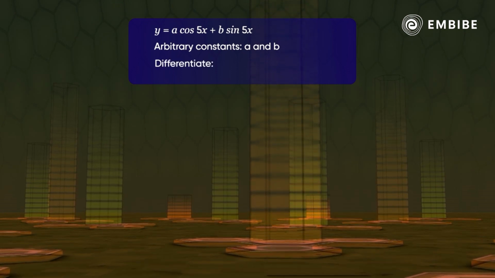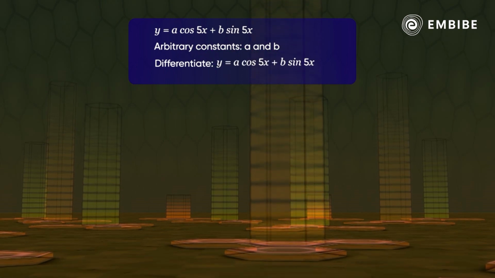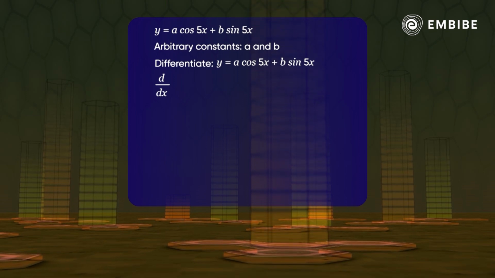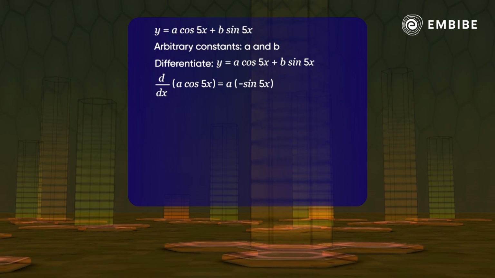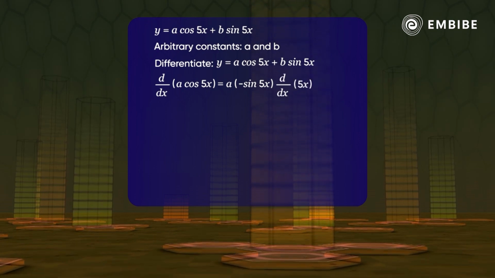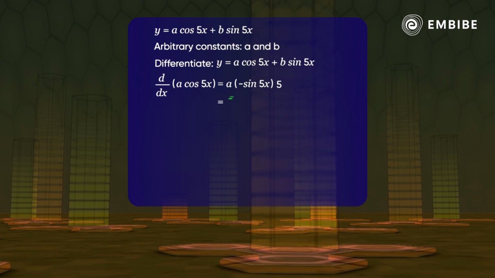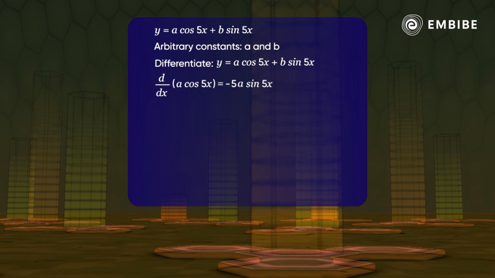First, differentiate the given equation y is equal to a cos 5x plus b sin 5x. Since a is a constant, the derivative of a cos 5x is a times minus sin 5x times the derivative of 5x, that is equal to minus 5a sin 5x.